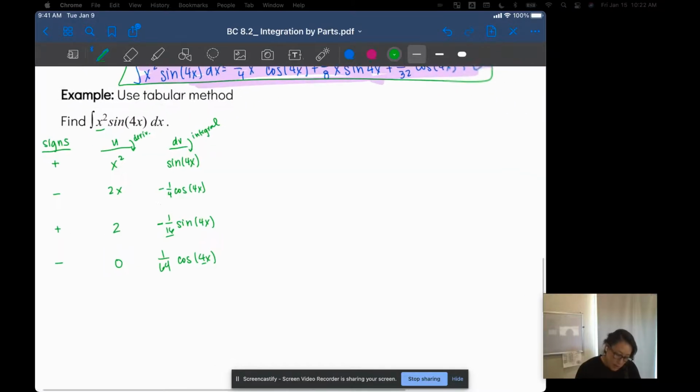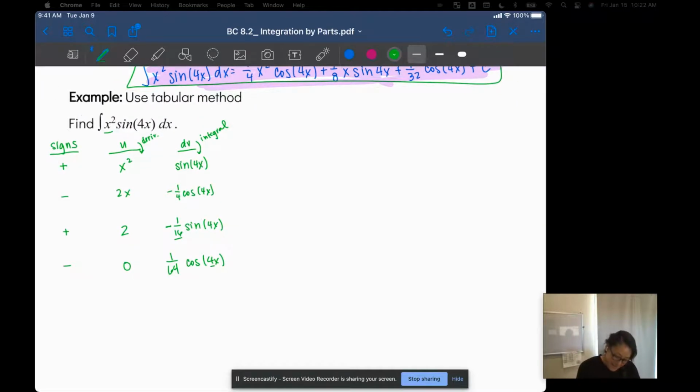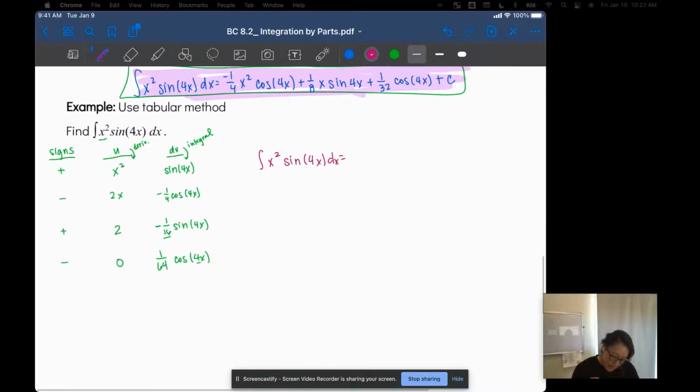Okay, so how we set this up is I'm going to say the antiderivative of x squared sine of 4x dx is equal to, and all you do is start in the left corner with your positive sign and move to your x squared and then down to the first integral.